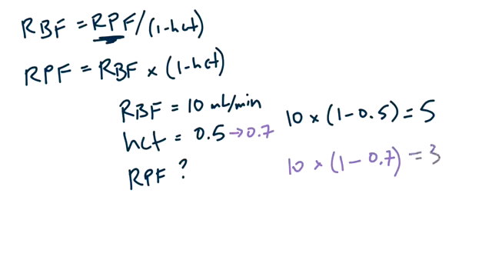As we can see, renal plasma flow actually decreases in patients with polycythemia vera, or patients who have an increased hematocrit, because there's less plasma that reaches the kidneys and instead more blood that reaches the kidneys.